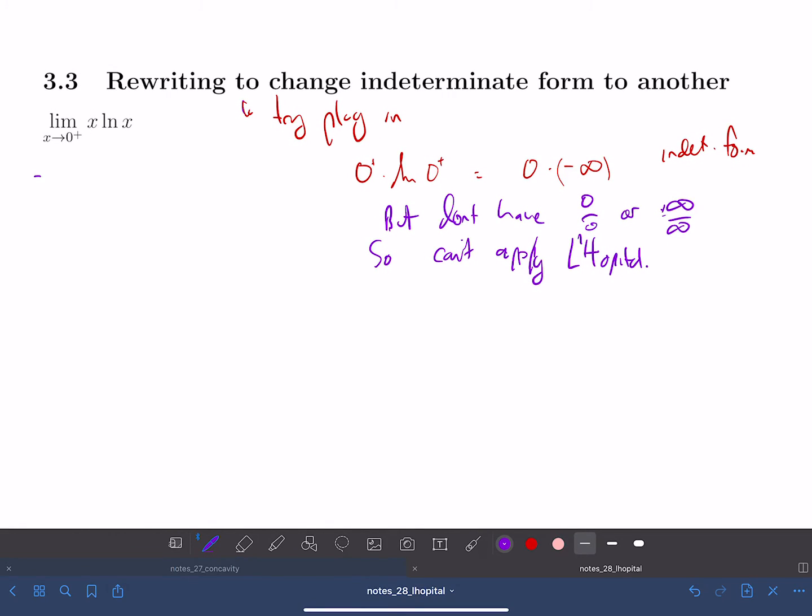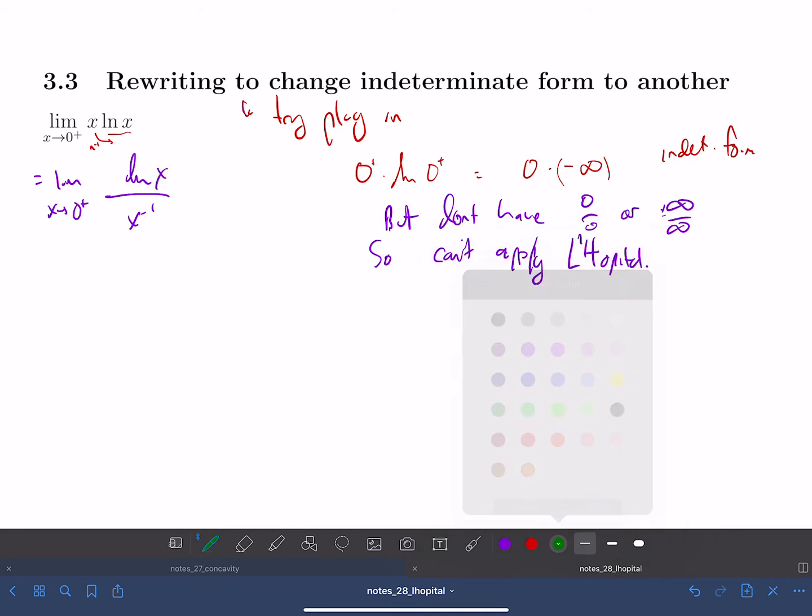So what I'm going to do is I'm going to rewrite this as the limit as x approaches 0 from the right of the natural log over x to the minus 1. And so I'm just going to push the x underneath and incur the minus sign to do that.